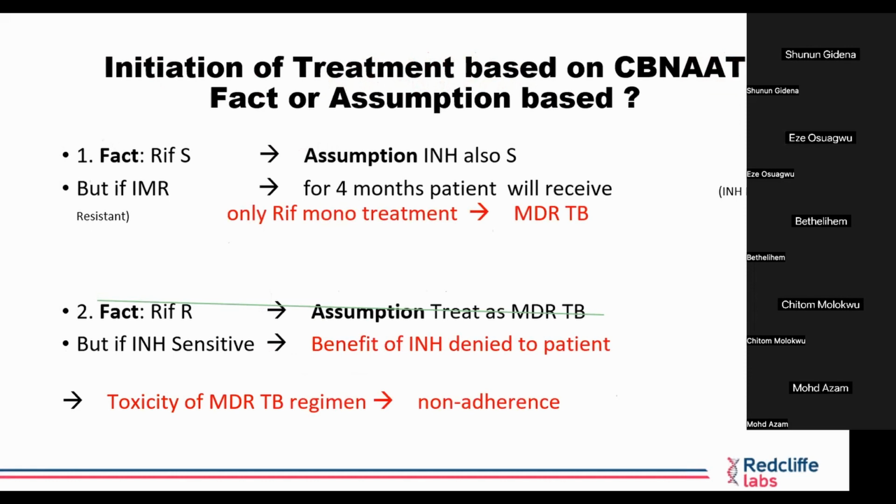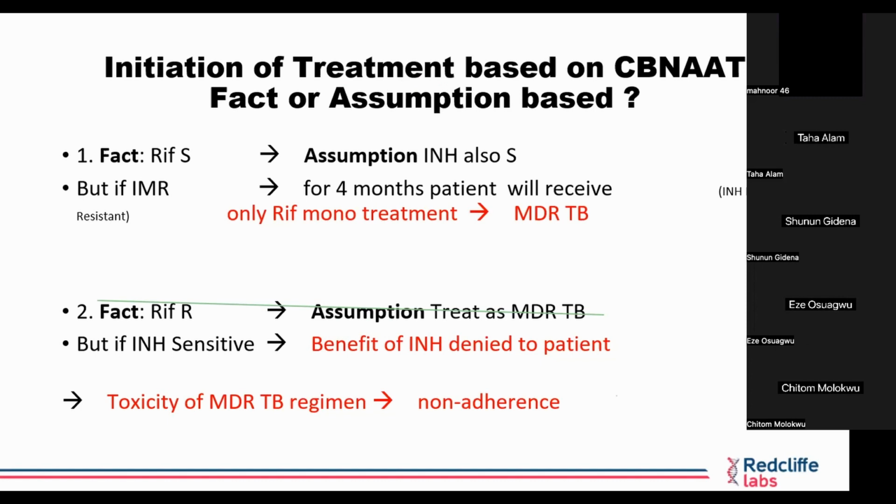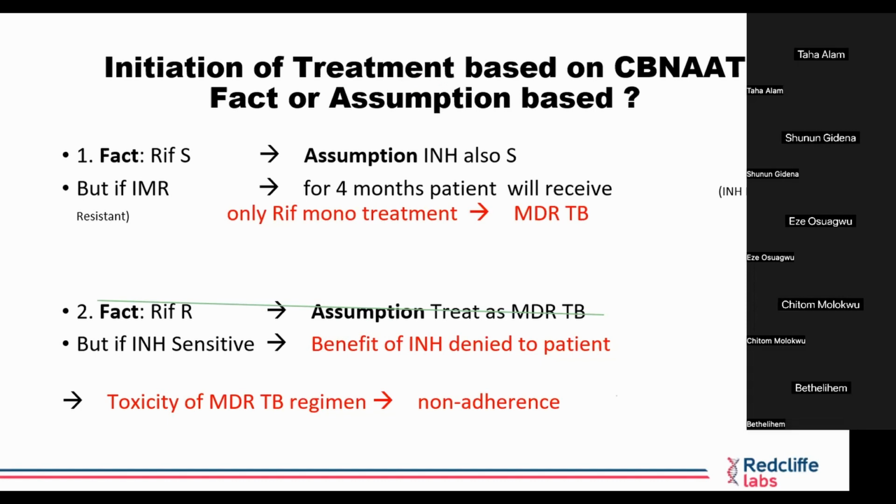And if it is not so, and INH is monoresistant, and now we know that INH monoresistance exists, then during the continuation phase, for 4 months, the patient will receive only rifampicin. On the other hand, if rifampicin is resistant and INH is sensitive, then since we would be treating this patient as an MDR case, the benefit of INH, which is an excellent antimycobacterial drug, would be lost, and the patient will be given more toxic drugs.